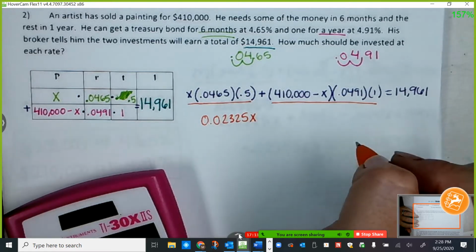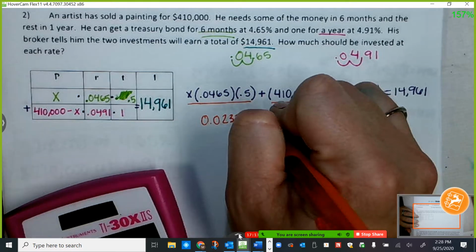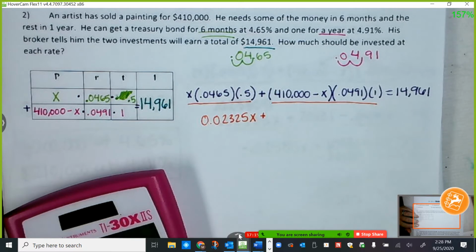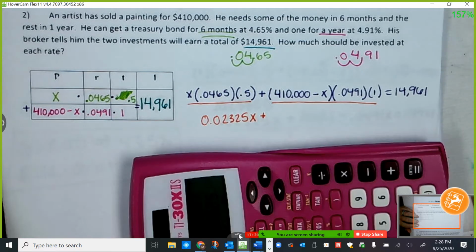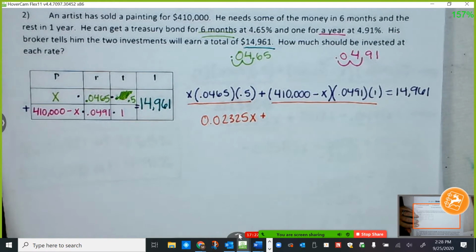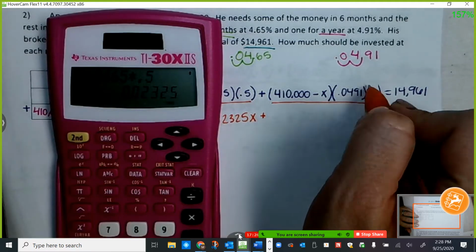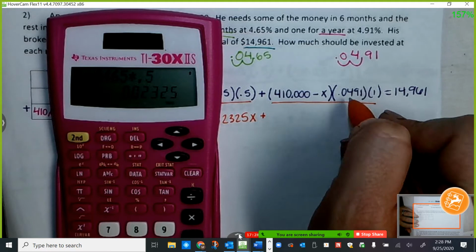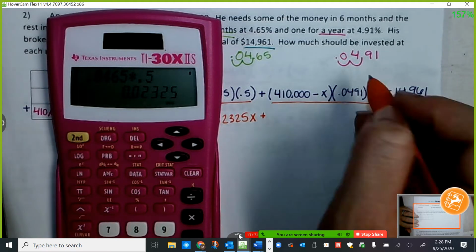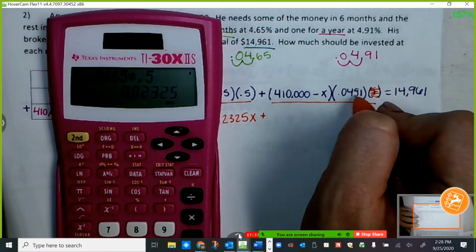I'm telling y'all these are the biggest we're going to deal with, so don't worry. The ones on your practice are smaller, I believe. Now this one gets really ugly because here 1 times 0.0491 is just 0.0491, right? So we can ignore this because if we multiply it, it stays the same.